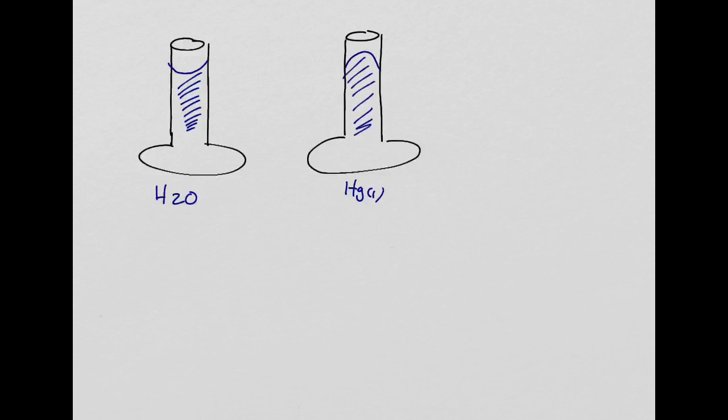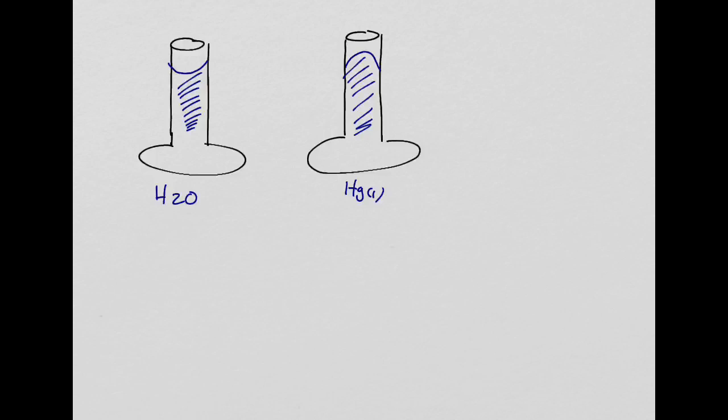You already noticed when you put water in a graduated cylinder, the water has a meniscus, right? Why does the water have a meniscus? It has a concave shape.